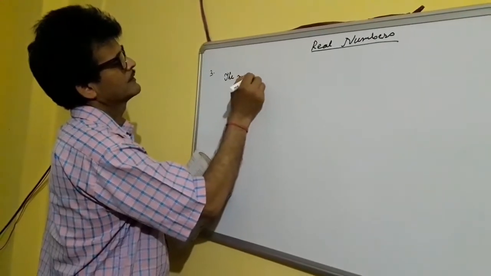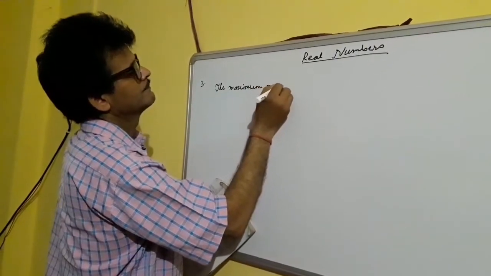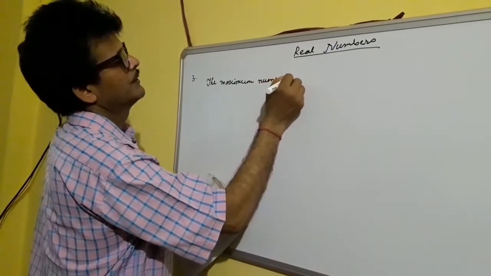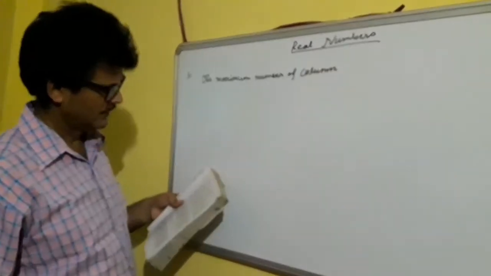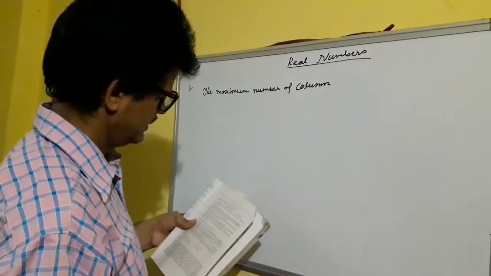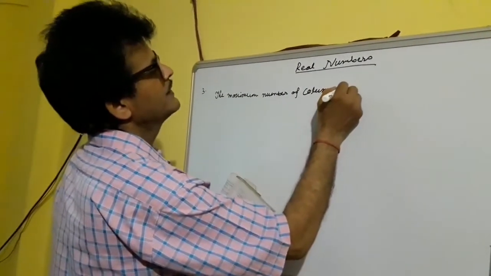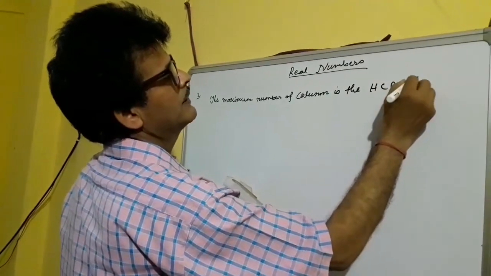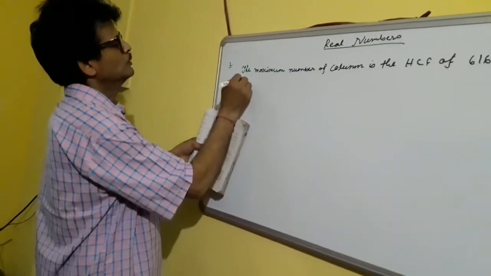So what we write? The maximum number of columns is the HCF of 616 and 32.